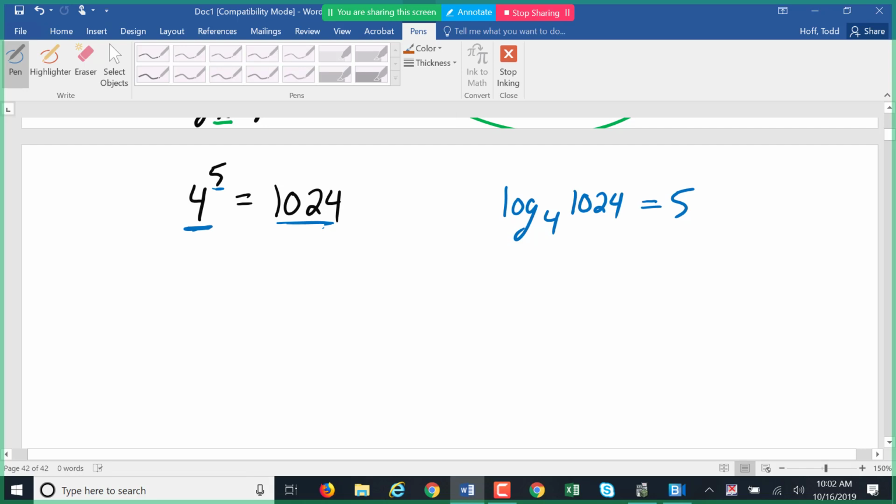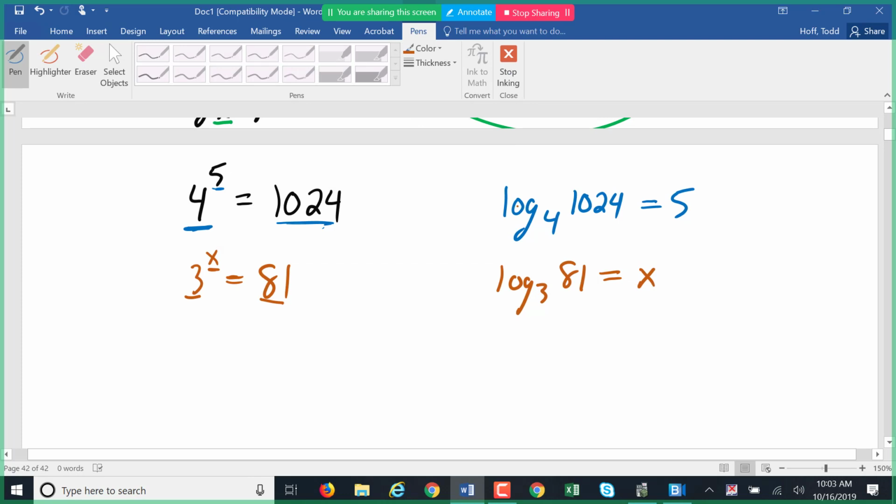So if I have 3 to the power of x equals 81, that's saying log base 3 of 81 equals x. The object of the log is 81, and the solution of the log is the power of the exponential, x.